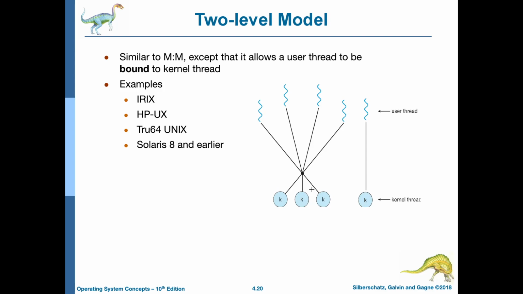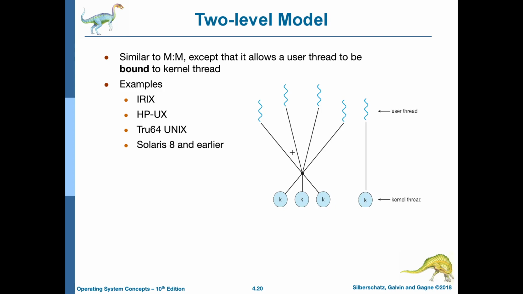Now, sometimes we have a two-level model where we can have a system with many-to-many threads, but then we can choose to have one user-level thread associated to one kernel thread.